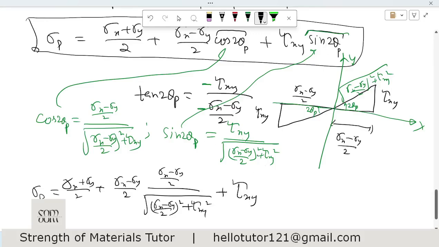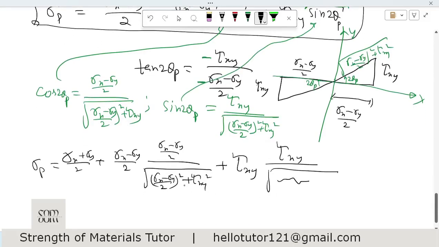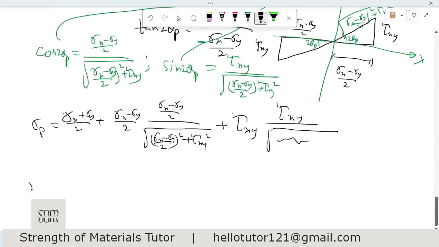Sine 2 theta p is tau xy divided by the square root of the same thing. So sigma p is going to be (sigma x plus sigma y)/2 plus ((sigma x minus sigma y)/2) whole square, then plus tau xy squared.